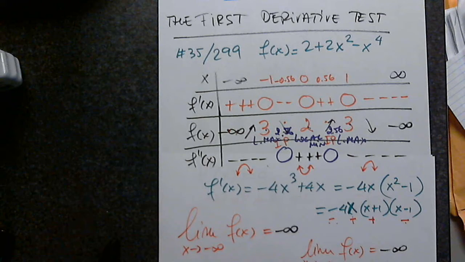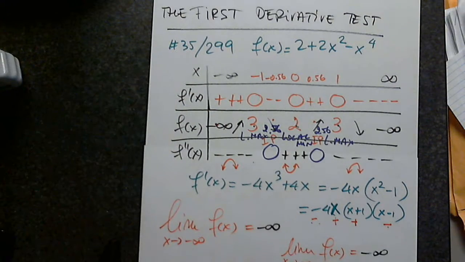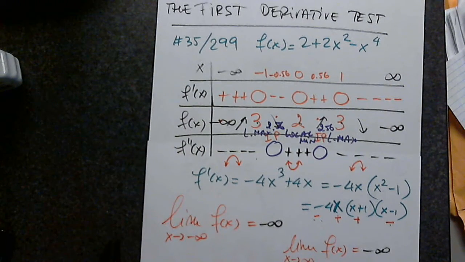Finally, let's talk about the second derivative test. I personally very rarely use it. I don't have anything against it. It's a very good test. Let me tell you what it says and what it does. I apply it when I find that studying the sign of the first derivative is difficult.